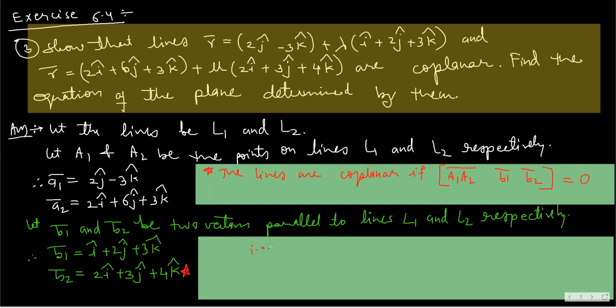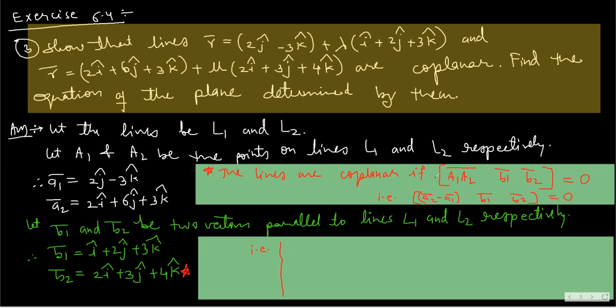A1A2 bar is A2 bar minus A1 bar. That is, A2 bar minus A1 bar, B1 bar, B2 bar is 0.